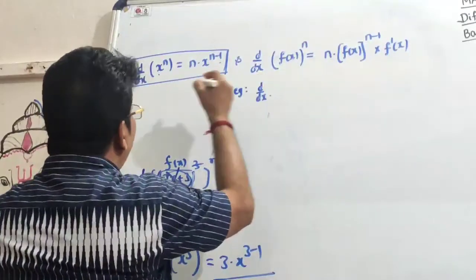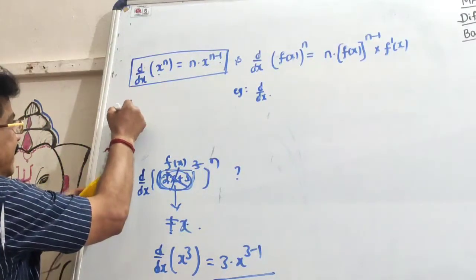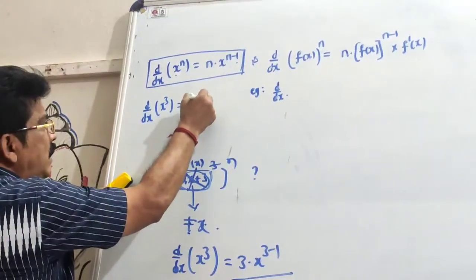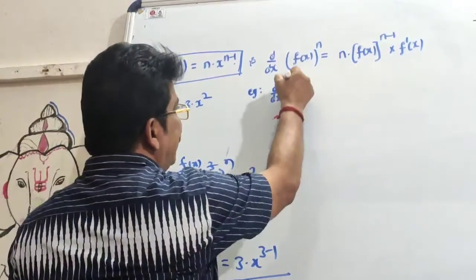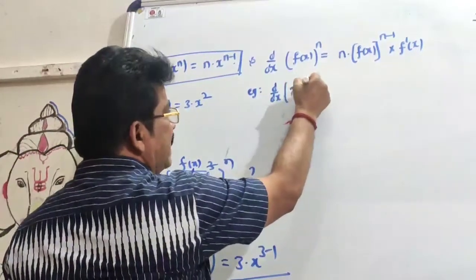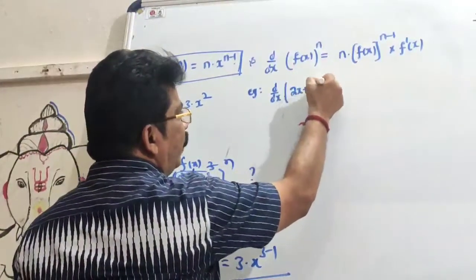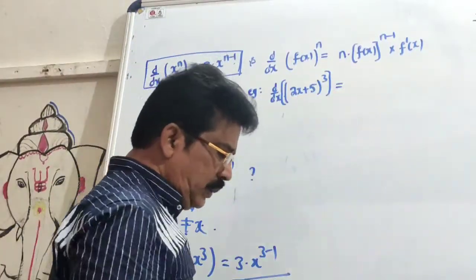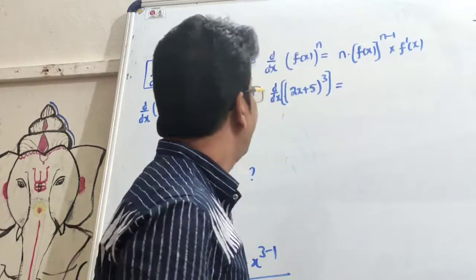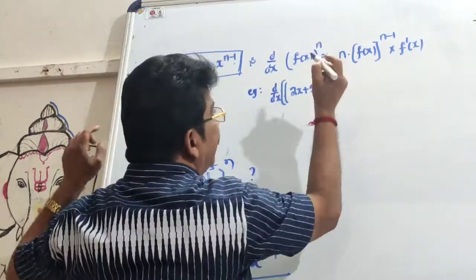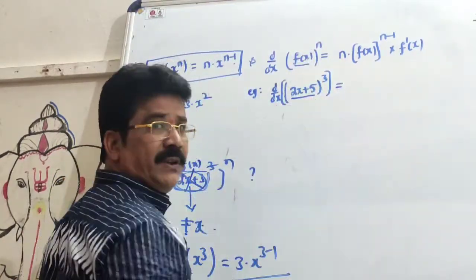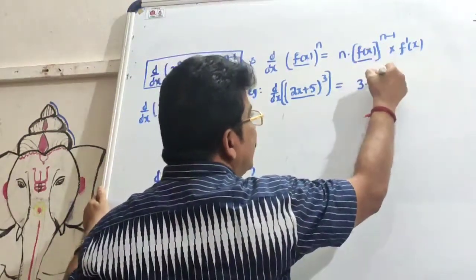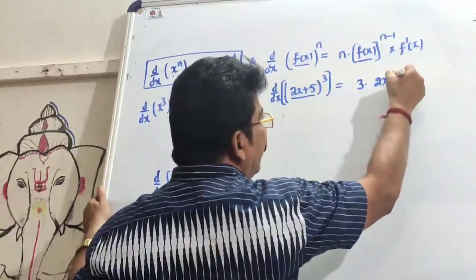First I will show an example for this standard formula, d by dx of x cubed equals 3 x square. For d by dx of (2x plus 5) whole cubed, this is the question. So n means 3, and f of x means 2x plus 5.